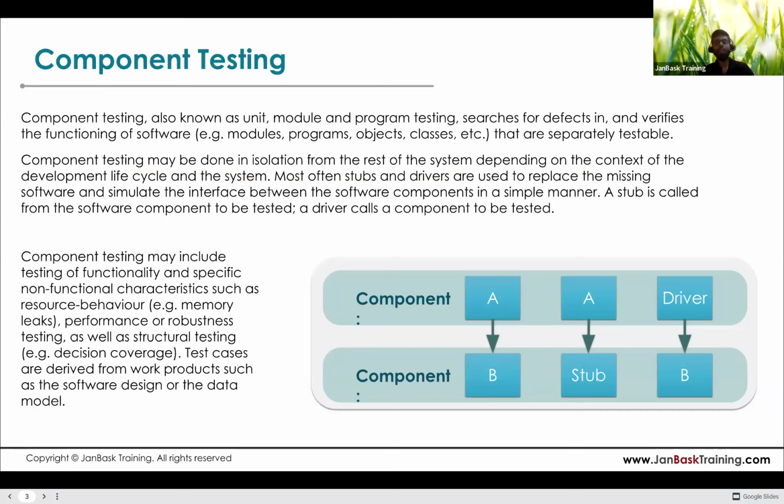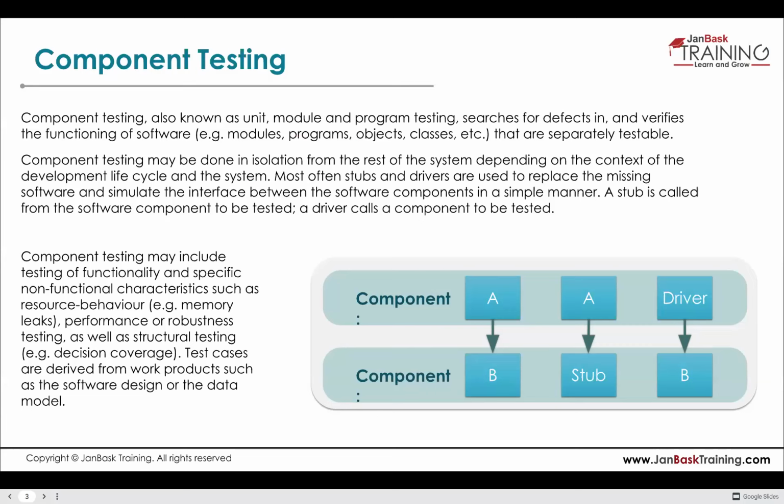waterfall model, in the waterfall model the testers won't get involved directly whenever a component is ready. The waterfall model of the software development life cycle is a sequential model, and as it is sequential, until all the components are developed, it won't go to the testing stage.